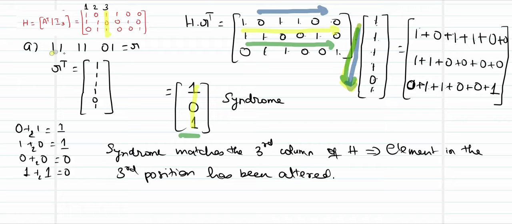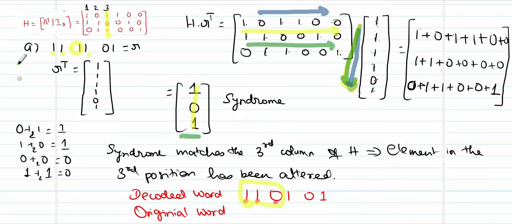The original word is originally a string of length 3. So from this, extract just the 3 positions 1 2 3. So my original word will be 1 1 0.